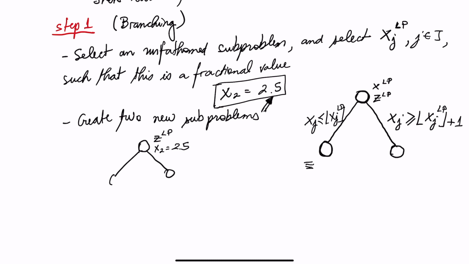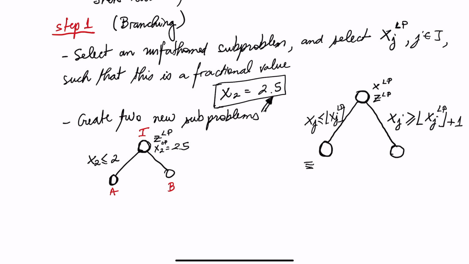That means that here, on this node that I'm going to label node A, will be the original LP that I had in my node I here, my initial node, with the addition of a constraint that looks like x2 is less than or equal to the floor operator applied to 2.5.